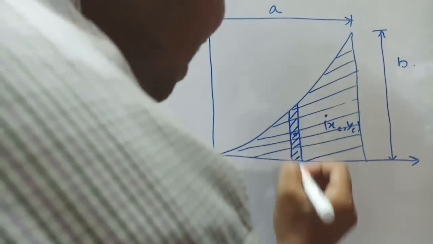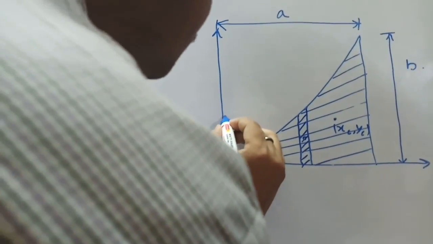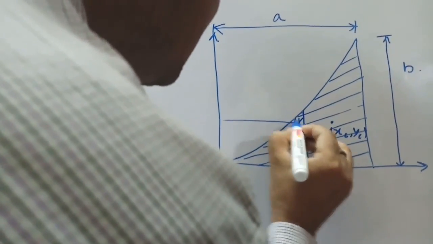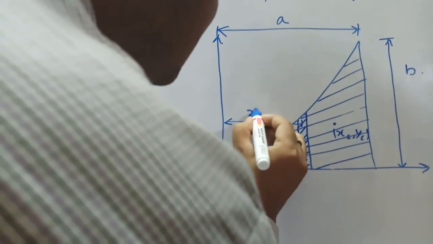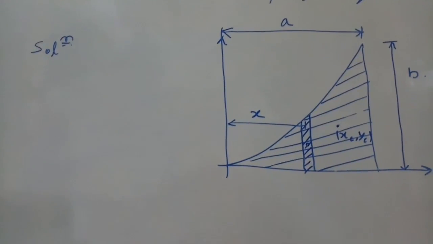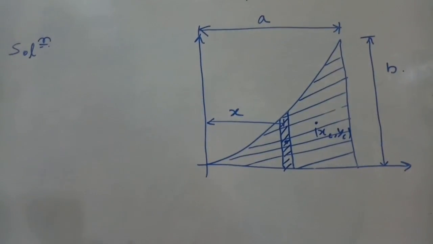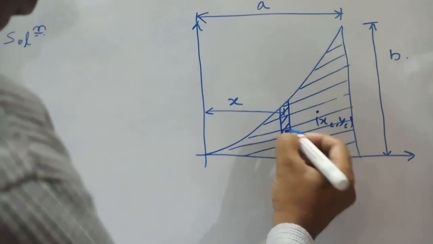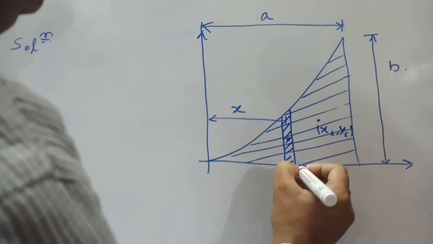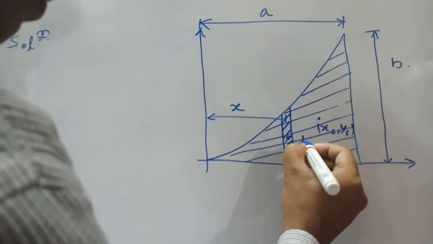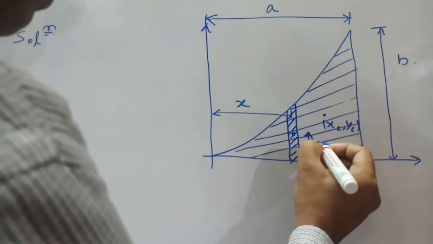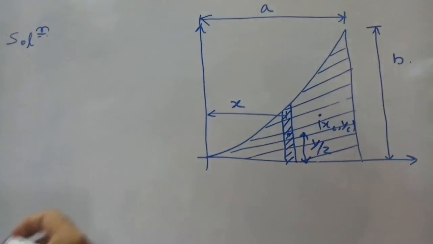This strip is at distance x, and its length is y. Therefore the centroid is at y by 2.